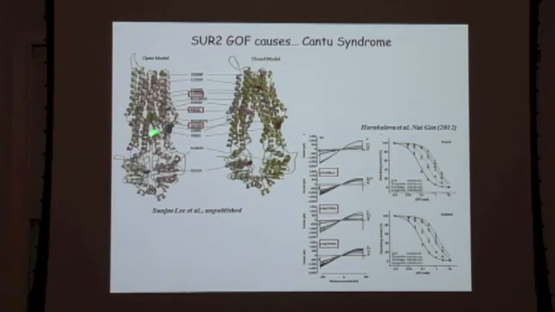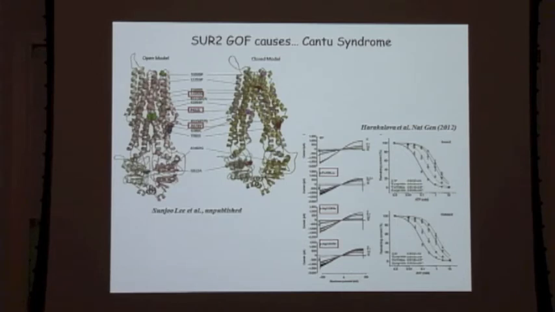These are the transmembrane regions. These are the two nucleotide binding folds, and this is the interface between them. You can see that the mutations in Cantu syndrome are dotted throughout the subunit, but a couple of them appear in the middle of the nucleotide binding folds, at the interface between the two.